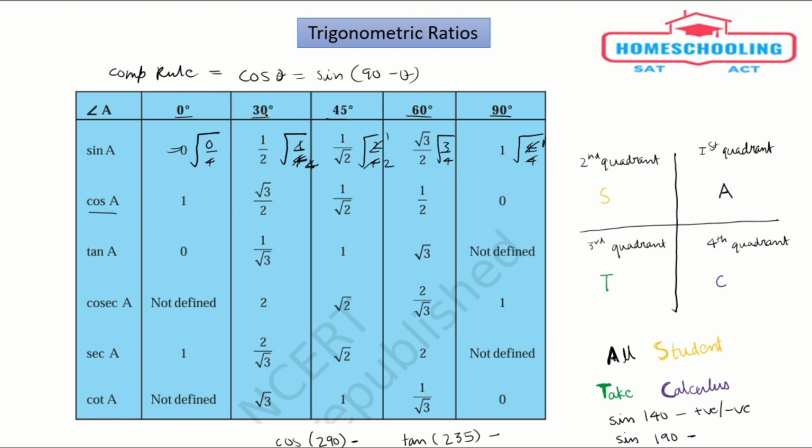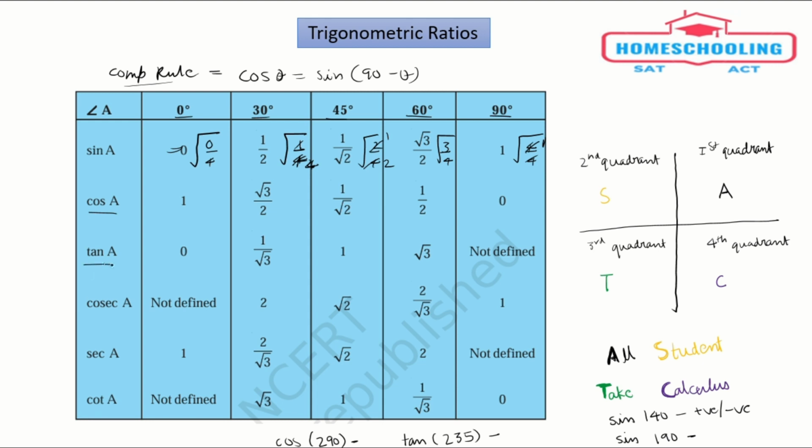Similarly, if we take cos 30, if we put theta as 30, then it would be equal to sine 90 minus 30, that is sine 60. So sine 60 and cos 30 are equal because of this complementary rule. Similarly, cos 45 is sine 90 minus 45, that would be sine 45. So these two would be equal. Similarly, cos 60 would be equal to sine 30 and cos 90 would be equal to sine 0 degree.